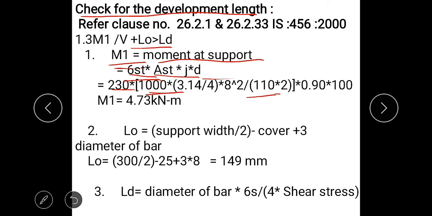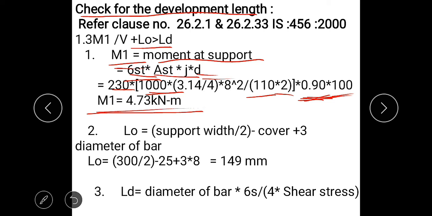J is 0.90; in the second step we found the lever arm constant is 0.90, and d is the depth, so d is 100 mm. So M1 is 4.73 kilonewton meter.